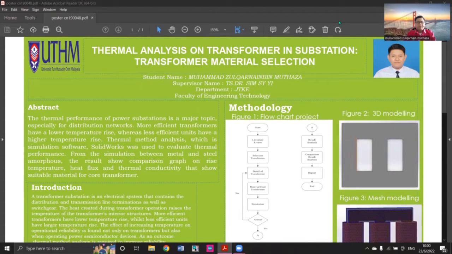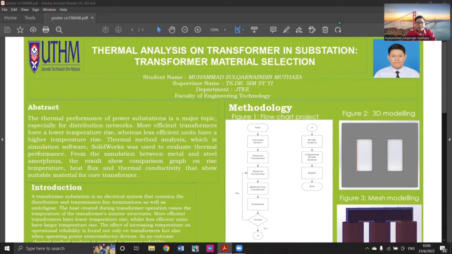Okay, for the abstract, the thermal performance of a power substation is a major topic. The heat temperature of the transformer begins to rise. A more efficient transformer has a lower temperature rise, whereas a less efficient unit has a higher temperature rise.